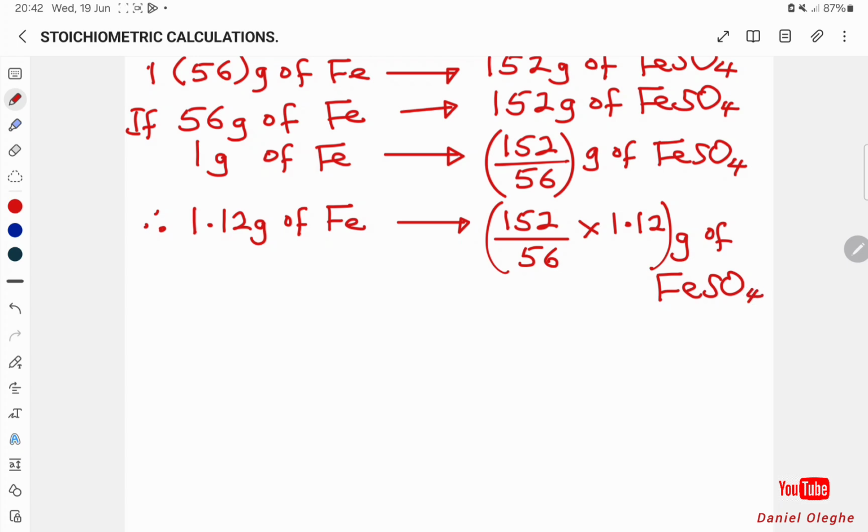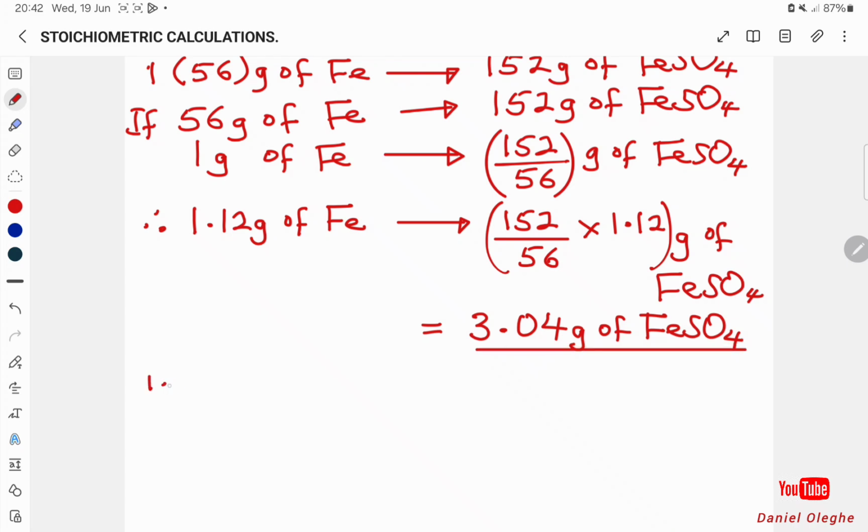So let's calculate that. When you divide that, you have 3.04 gram of FeSO4. That is the mass of FeSO4 that we produce.